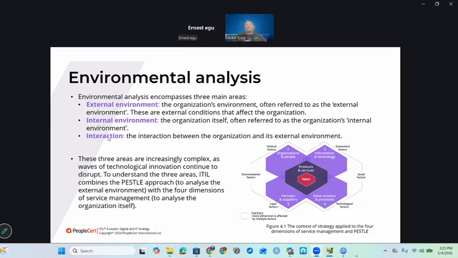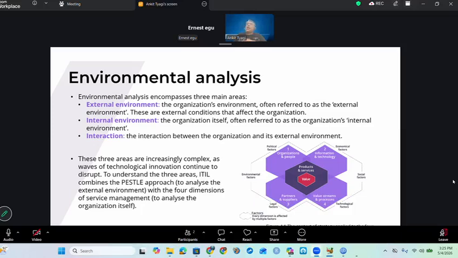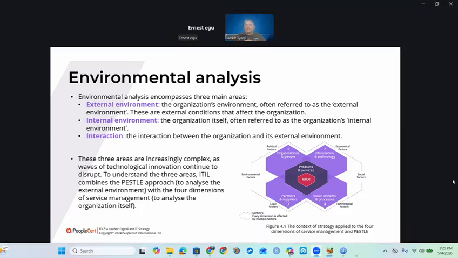For example, if my organization is located in India, they may have to follow different rules and regulations. If my organization is located in Dubai or UAE, then again, there would be different rules and regulations. There could be different cultures of the organization, the way people work within the organization. So multiple external factors could always be there that we need to look at.